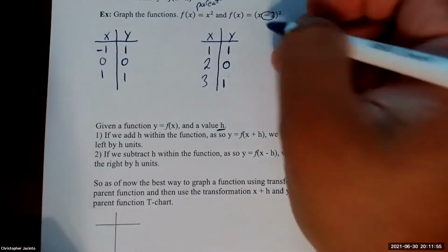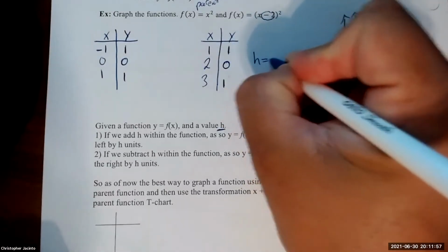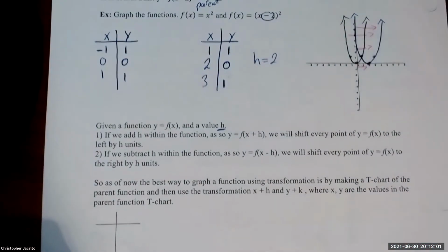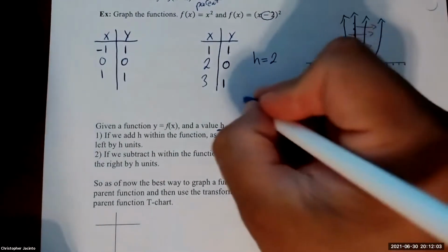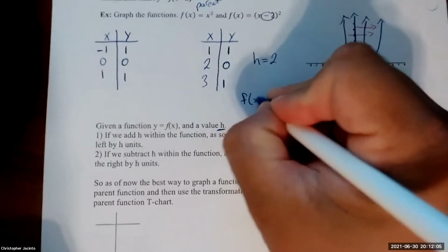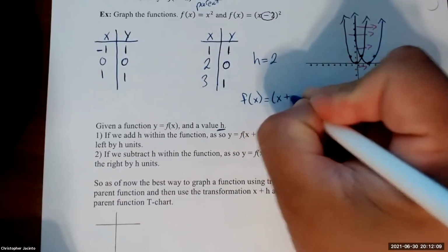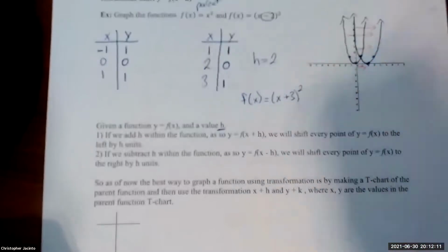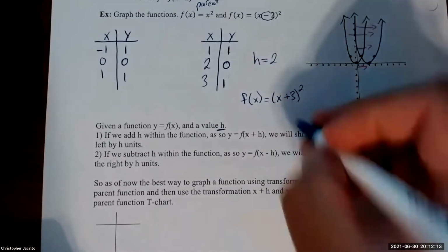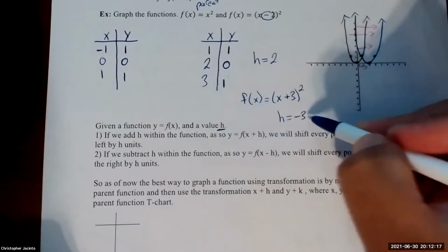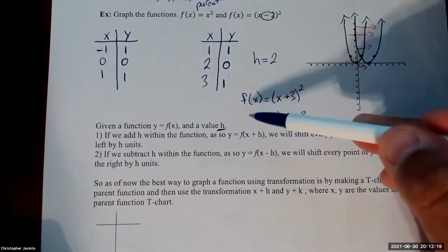Okay. So for example, here, our h value is actually +2 because we're shifting 2 positively to the right. If, for example, we had this instead, therefore, our h value for here would be -3, which means we're shifting 3 units to the left-hand side.